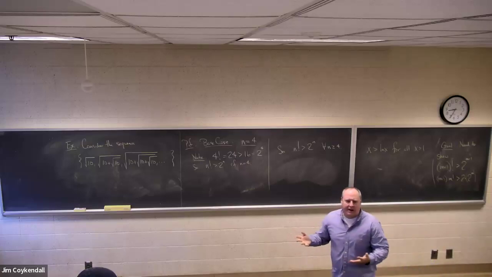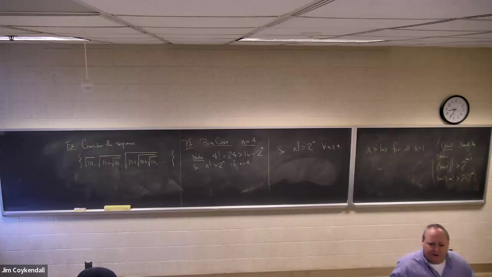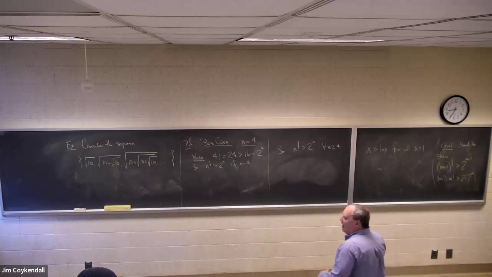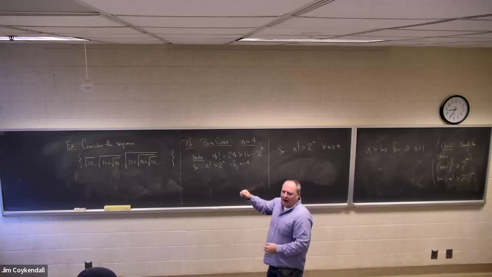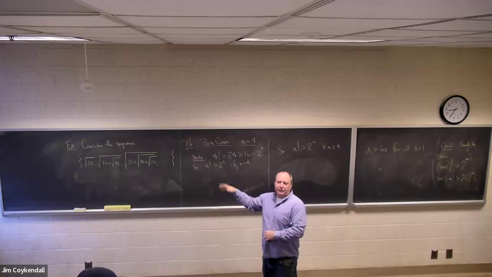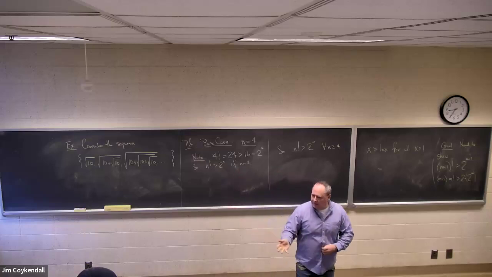Does anybody remember? So what did you do when you were in Calc 2 and did sequences and series, right? When you did sequences in particular, there were a couple of things you did. The first thing you did is you treated it like it was a function, right? Like if I asked you, what happens to 1 over the square root of n, you'd say, oh, look, 1 over square root of x goes to 0 as x goes to infinity, right?